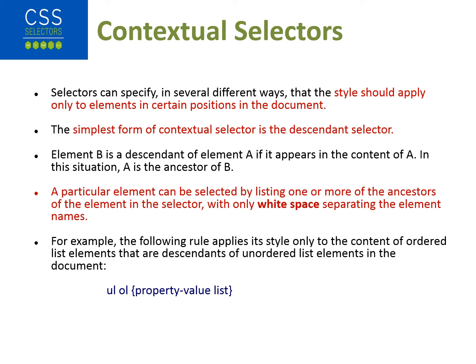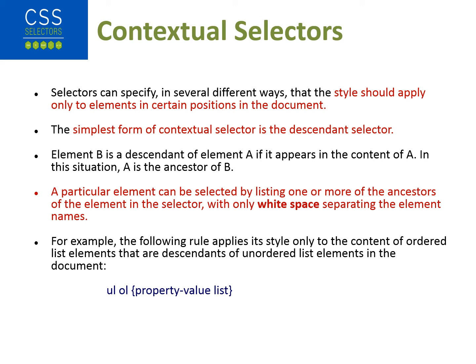This means that the property value list should be applicable for ordered list items only if they are members of an unordered list. The idea is that we have an unordered list. If that unordered list contains an ordered list, then the elements of the ordered list can have this property value definition. That is the descendant selector.